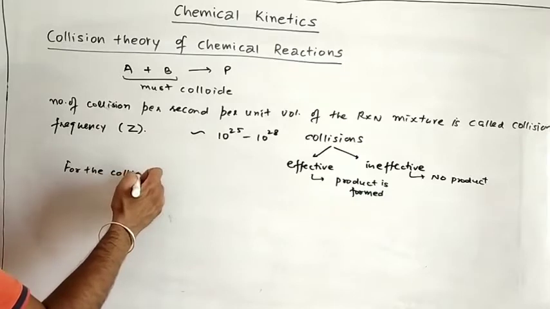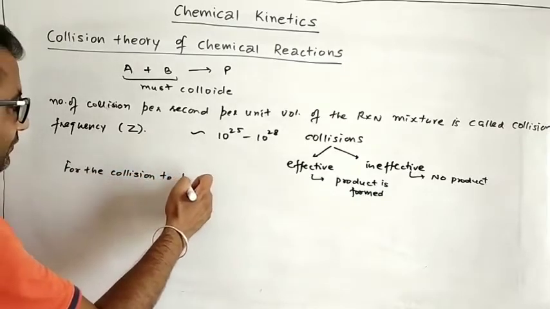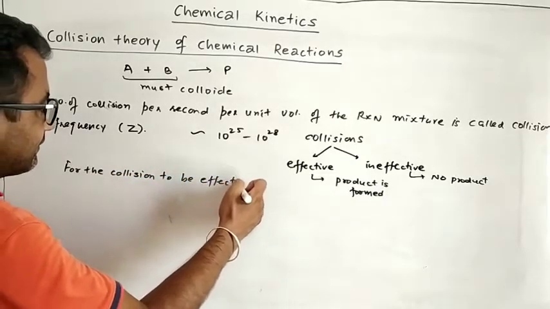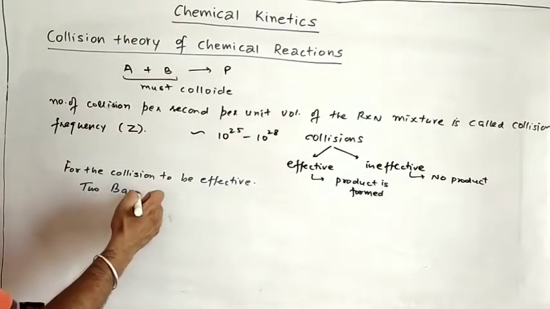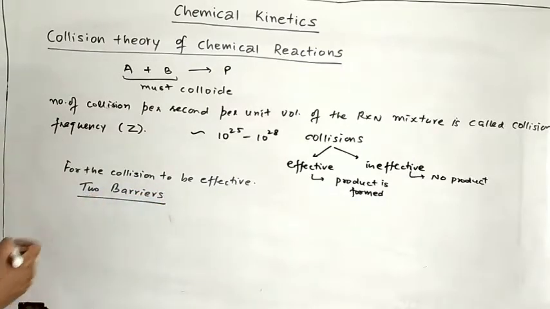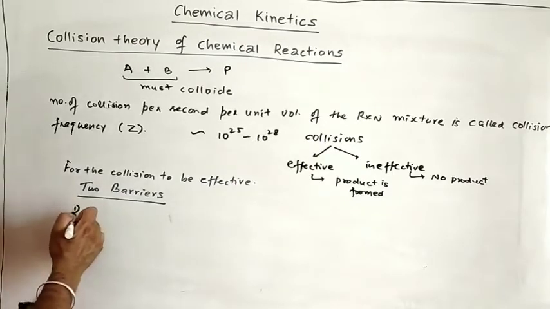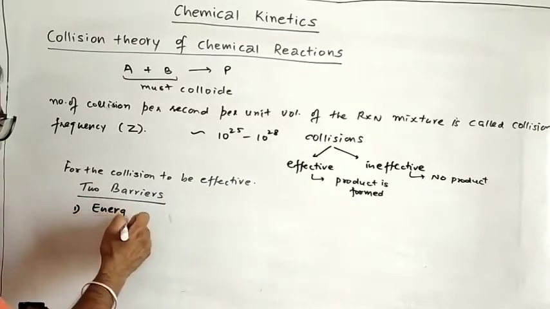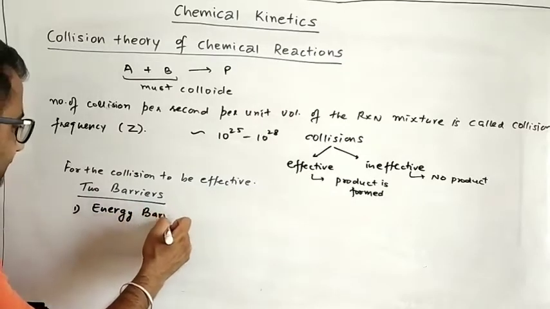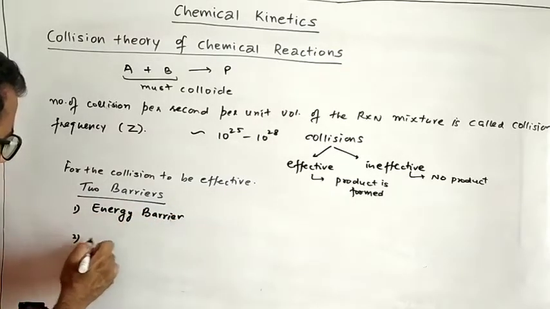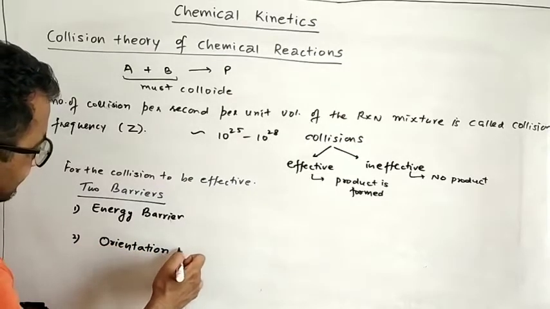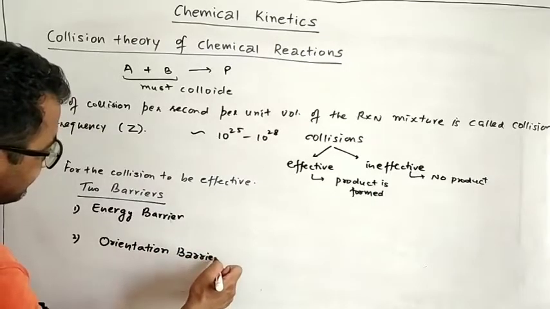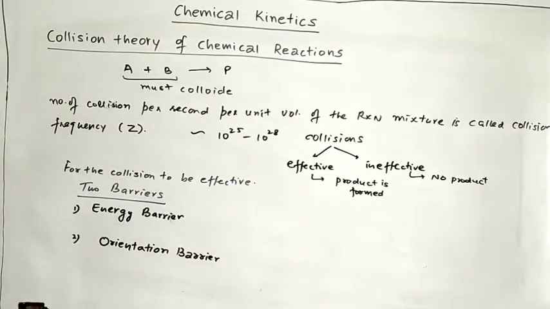So for the collision to be effective, there are two barriers. यहाँ पे दो बैरियर हैं हमारे पास. फर्स्ट बैरियर है energy barrier, और सेकेंड बैरियर है orientation barrier.